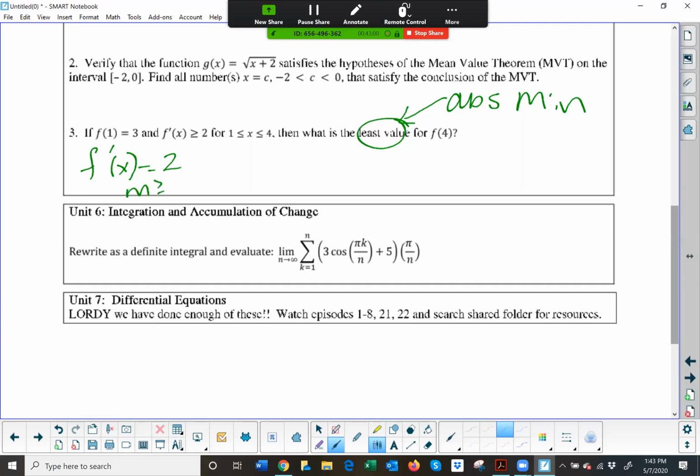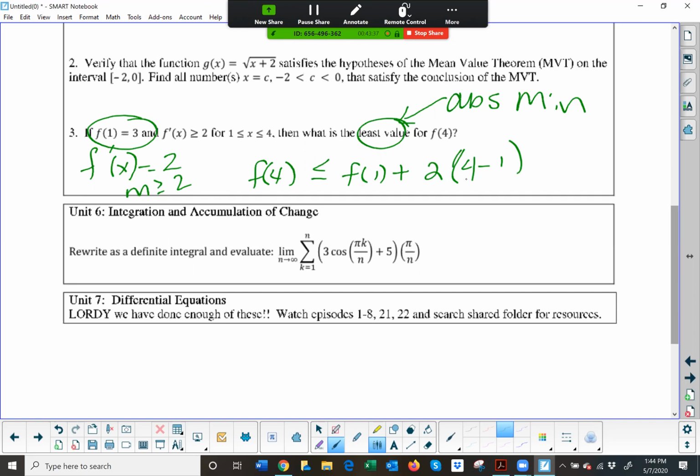So from that, I can kind of conclude that m has to be bigger than or equal to 2. And then f of 4 would have to be greater than or equal to f of 1, or the 3, plus the slope times the change of the x values. And then I could plug in 4 into that spot.